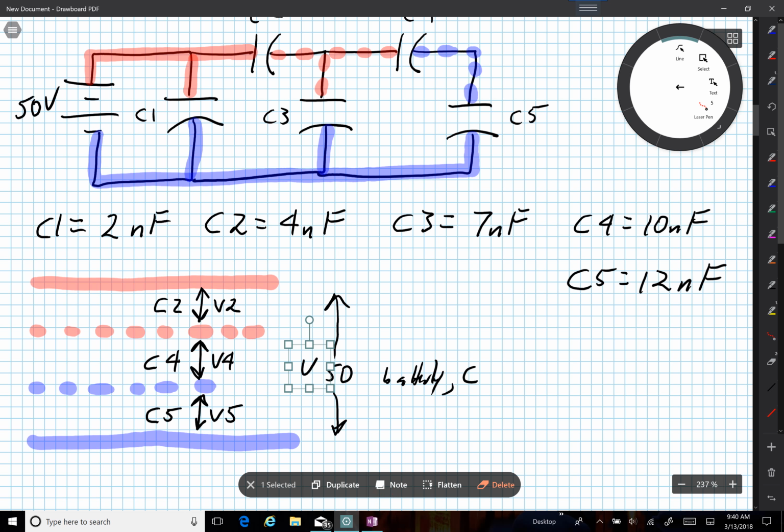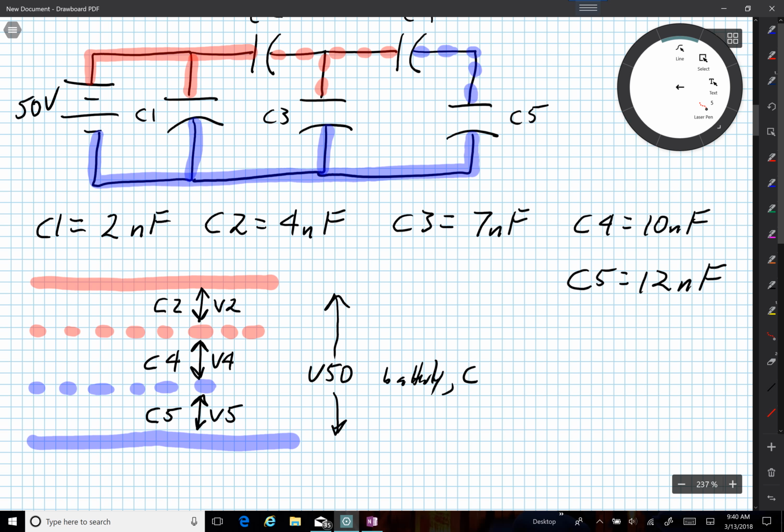Make a little more room here. Okay, so there are all the components.